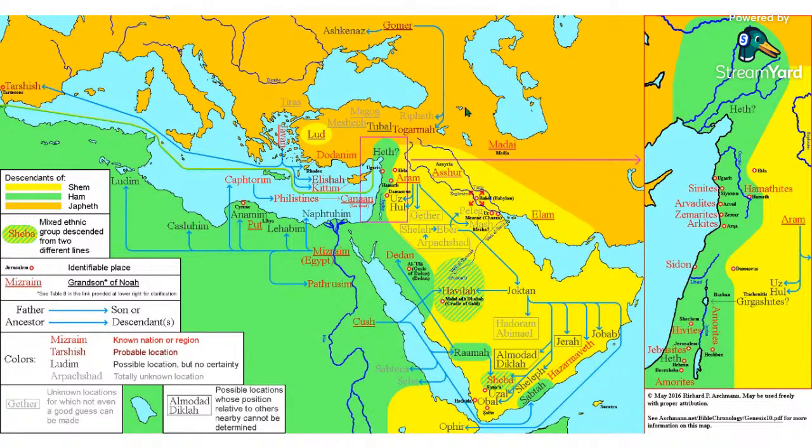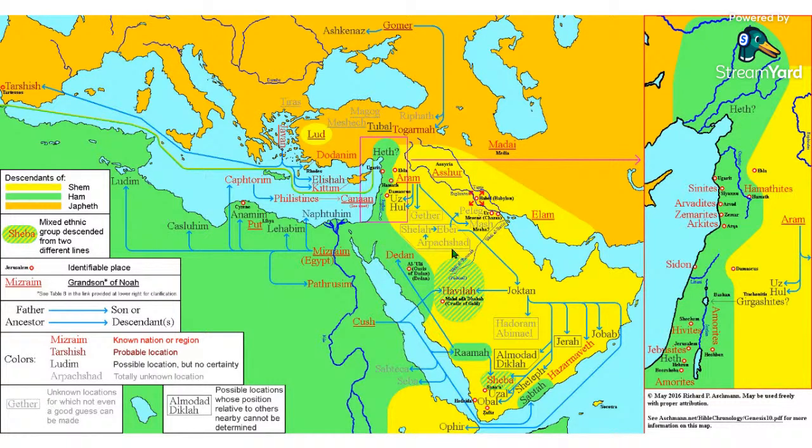Now, the way that I was able to assign a haplogroup to each ancient civilization was just a process of elimination, one after the other. So, in other words, we have the Semitic populations. We have Aram here, Asher here, Lud here, the father of Lydians, Elam here, and we also have Arpachshad.